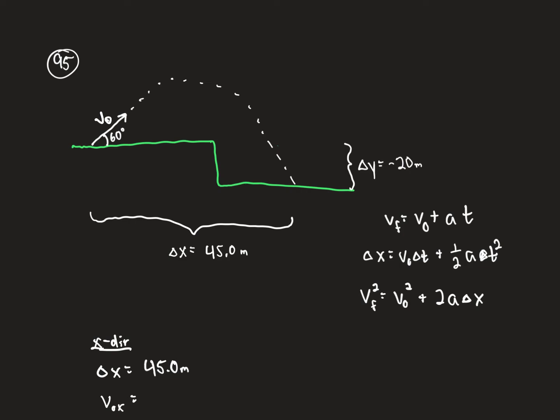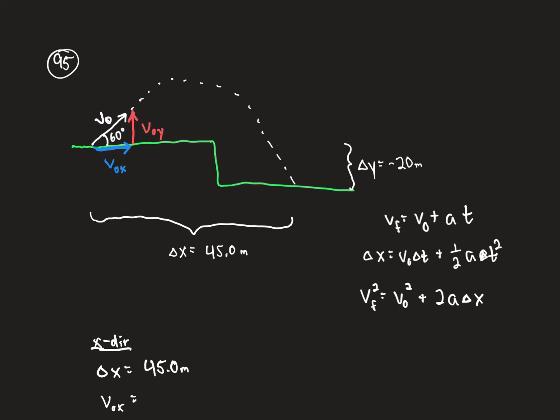But what's V initial in the x portion of that? I'm going off at an angle, 60. So what kind of shape do I have here? It's a right triangle, right? I've got V initial in the x direction and V initial in the y direction.